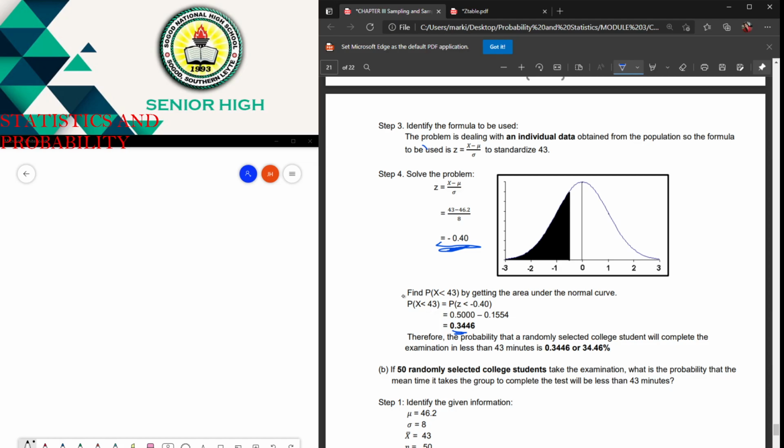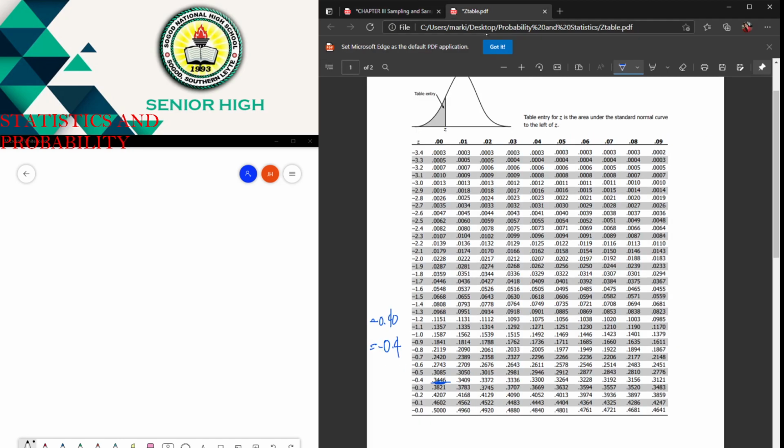Since it is less than, never mind the other part, because the given z table is from left to right. This table value is already the answer because it is less than, so no need to subtract.